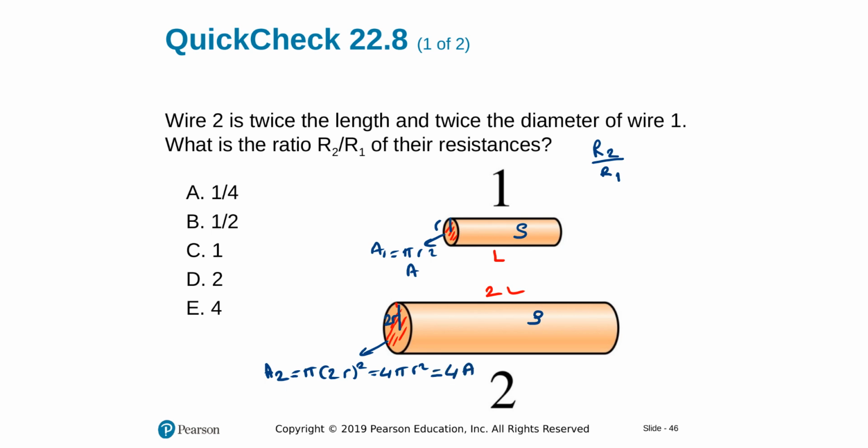And writing down the resistances here, then R2 will be rho 2L over 4A, and R1 will be rho L over A. I can cancel what I can cancel, and I'll have R2 over R1 equal to 2 over 4, divide each by 2, we'll have 1 over 2. And that's our answer. So we can easily compare the resistances, knowing the resistivity, length, and areas of wires.